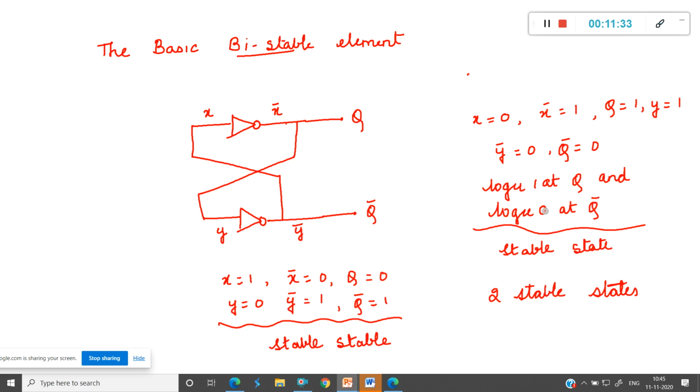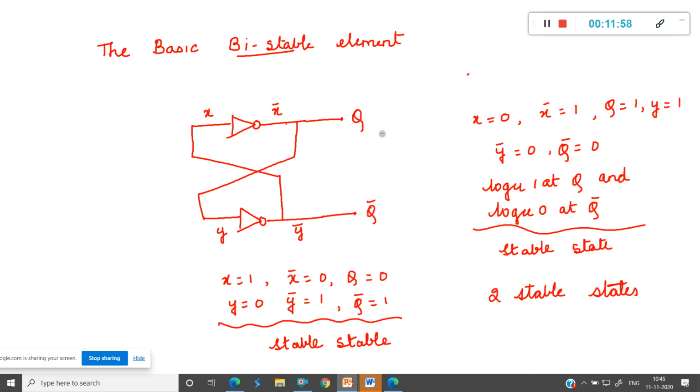If Q is 1, it is known as logic 1 stable state. If Q is 0, it is storing 0, so it is logic 0 stable state. Here you can see that Q and Q bar are complement to each other. If Q is 1, Q bar will be 0.